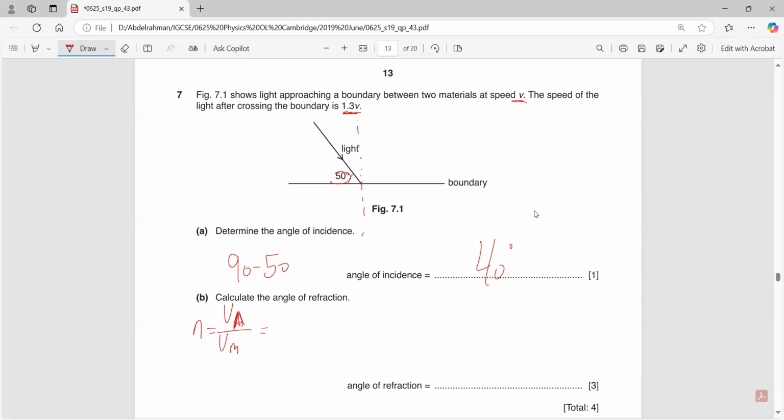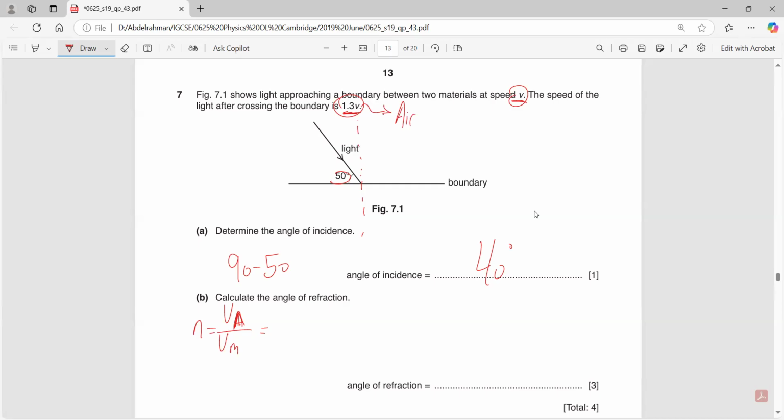Which of these speeds is the speed of light in the air? Is it v or 1.3 v? If you think about it very carefully, you'd find that the speed of the light in the air would be 1.3 v. Why? Because you cannot have a speed greater than the speed in the air.